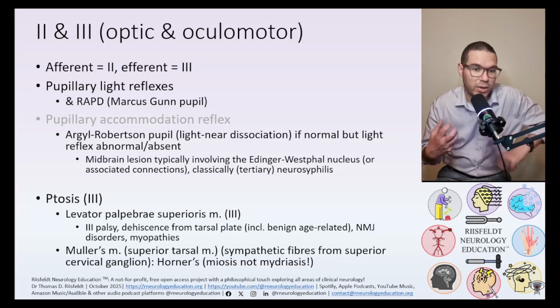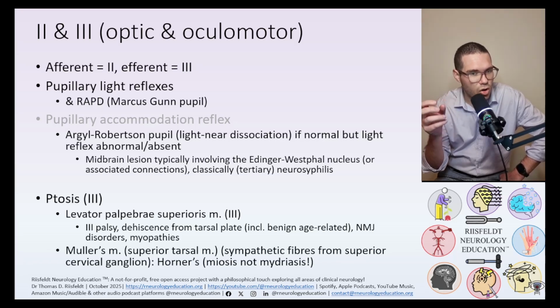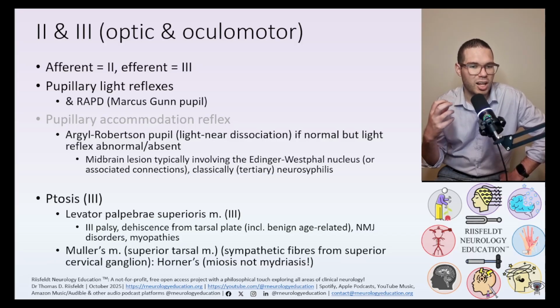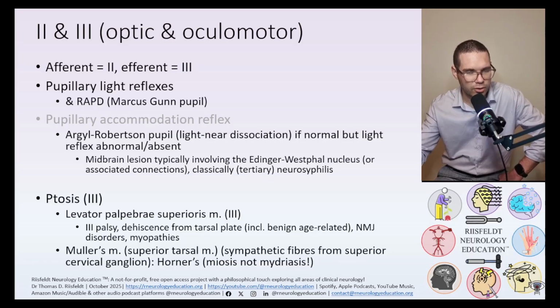And the reason for that is if pupillary light reflexes are impaired, so the pupil is not reacting to light, but if the accommodation reflex is normal, then that results in something called light near dissociation.